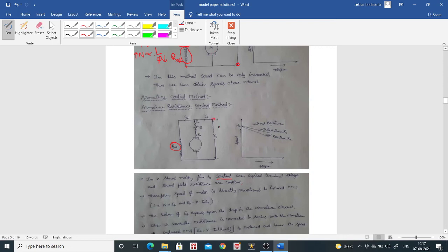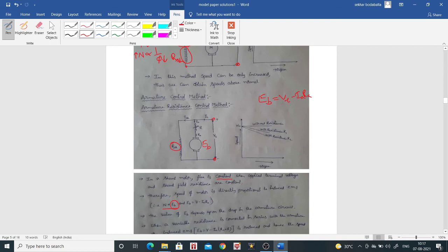If I fix the terminal voltage, then Vt is constant, and there will be a back EMF developed across the motor. That EB is given by Vt minus Ia into Ra, where Ia is the current flowing through the armature and Ra is the armature resistance. As N is directly proportional to EB, if I can change the back EMF EB, I can change the speed at which the motor rotates.